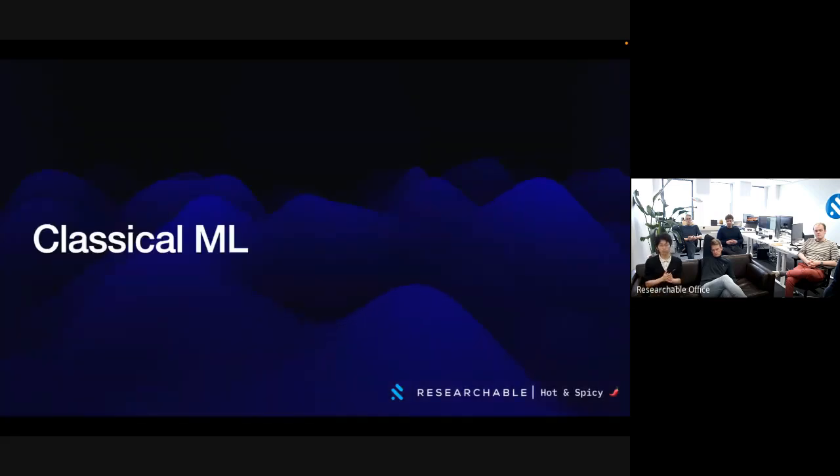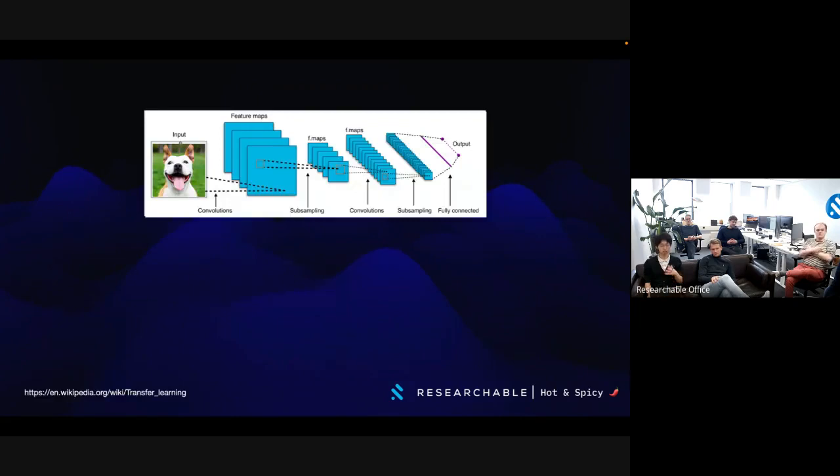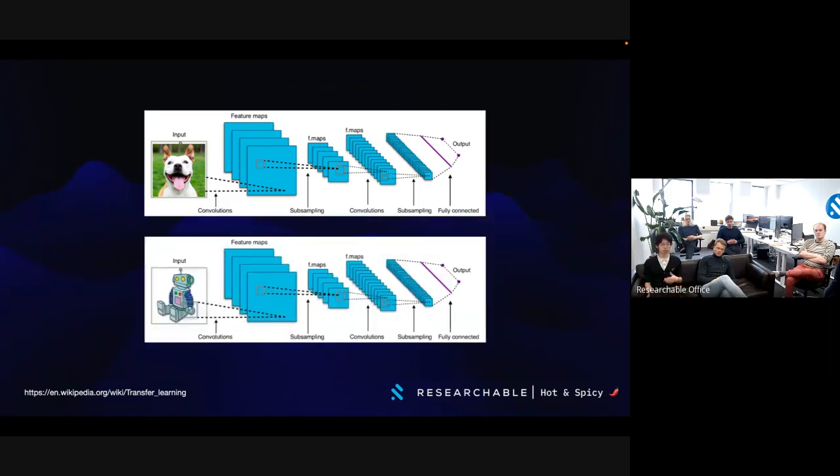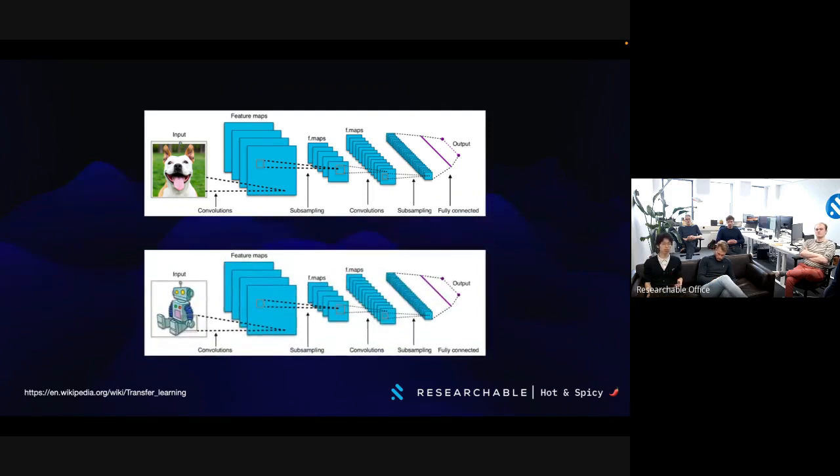So let's look at classical ML, or more specifically, deep learning. How do you approach a task when you want to do deep learning? For example, if you want to do image classification or image recognition, you would usually take a pre-trained model, for example, pre-trained on ImageNet, and then you would copy that model, and say you want to train it for a shoe classification task.